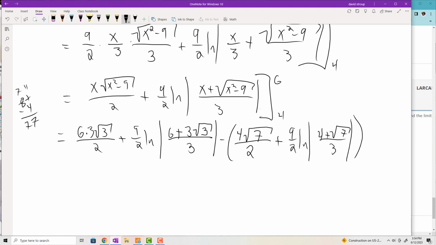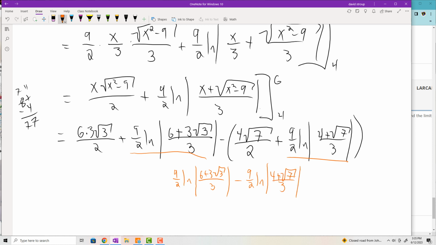In case you're not picking up on what I'm doing with the logarithms, it's to combine this term and this term. It's 9/2 ln absolute value of 6 plus 3 root 3 all over 3. And then minus the other one, minus 9/2 ln absolute value 4 plus root 7 all over 3.